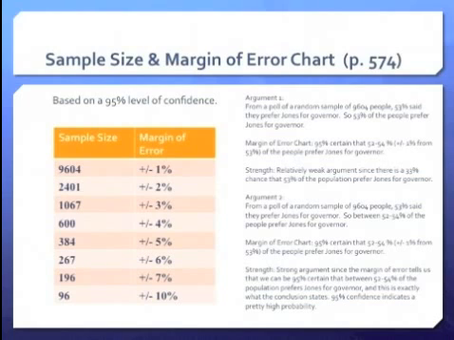This means that we can be 95% sure that the actual percentage of people that prefer Jones is between 52% and 54%, because the margin of error is plus or minus 1%, which means we can calculate the range of the actual percentage by adding 1% to the statistic drawn and subtracting 1% from the statistic drawn.